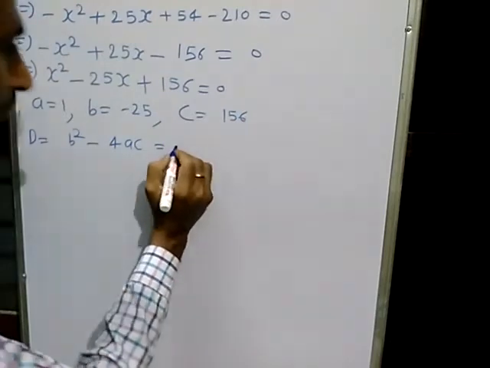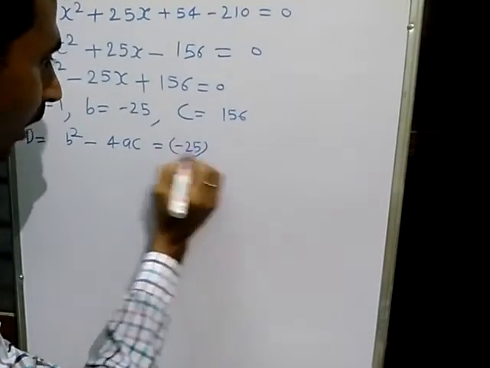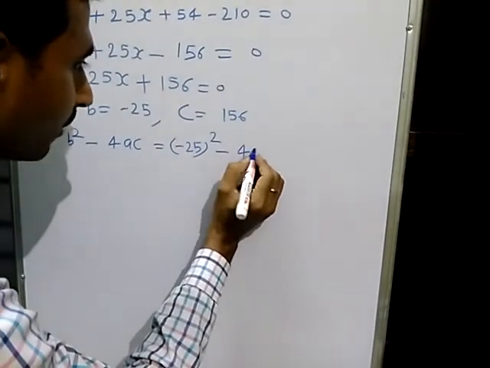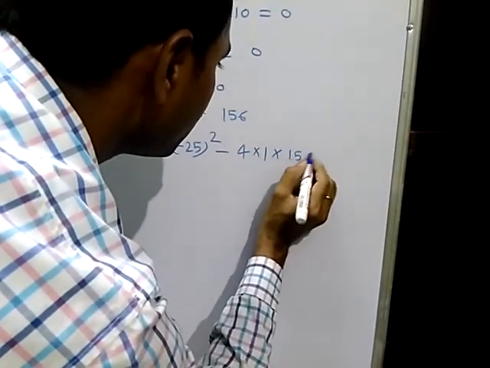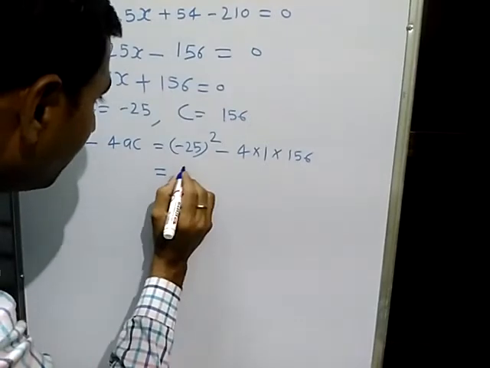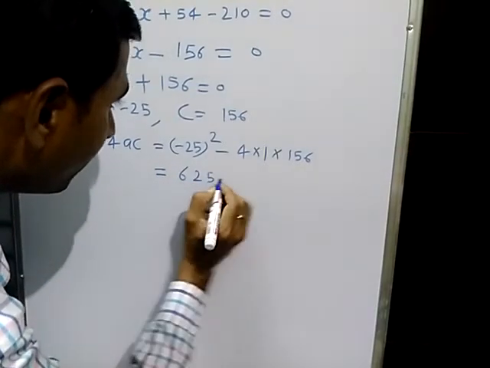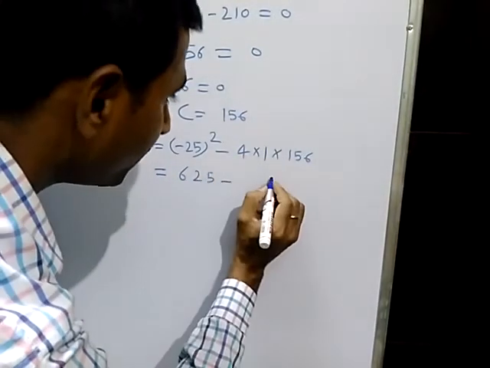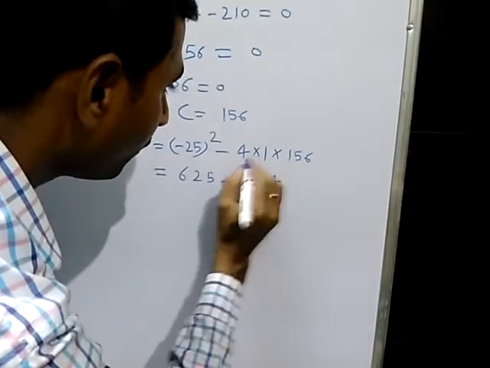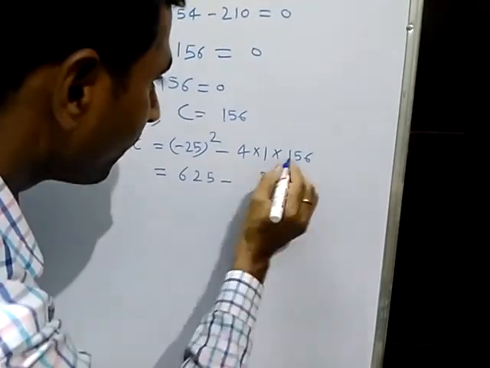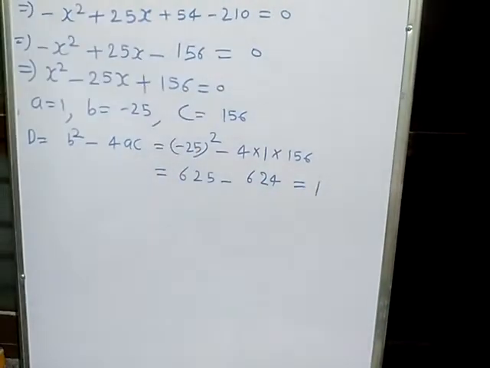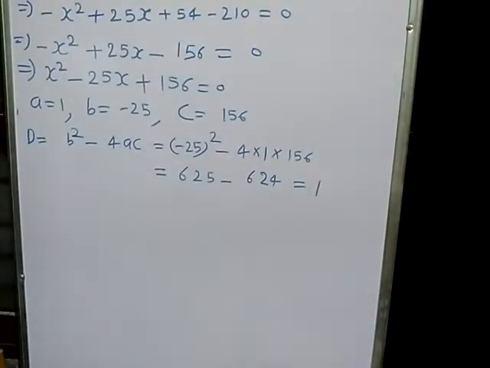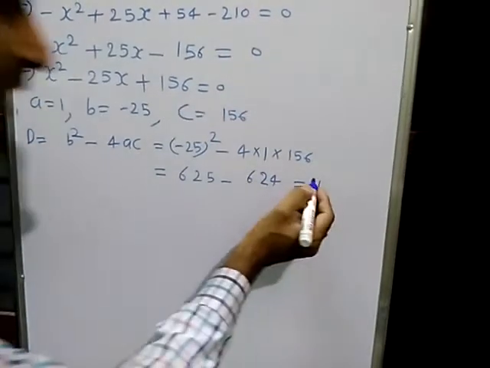Minus 25 square minus 4 times 1 into 156. 25 square is 625, minus 4 into 156, which is 624. It becomes 1. So we got d equal to 1.